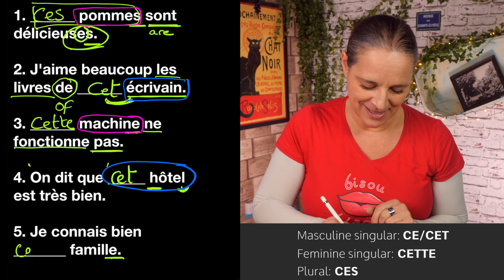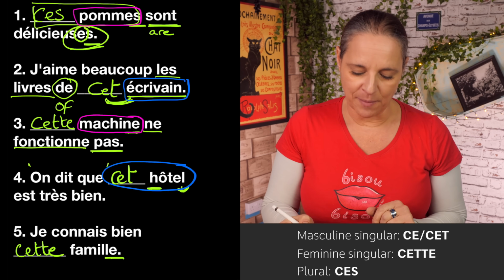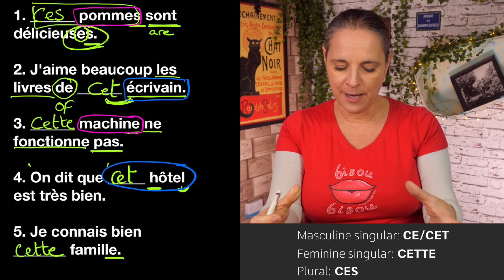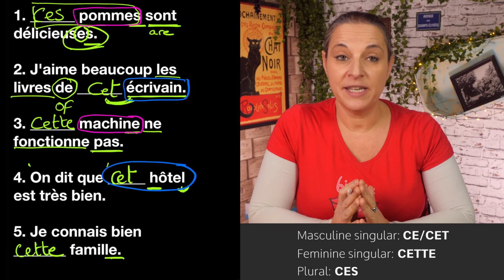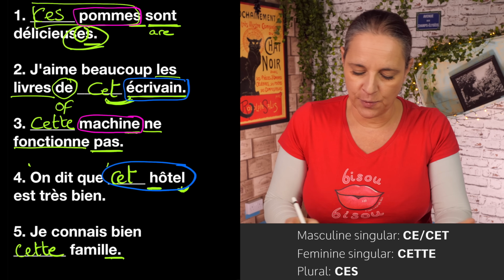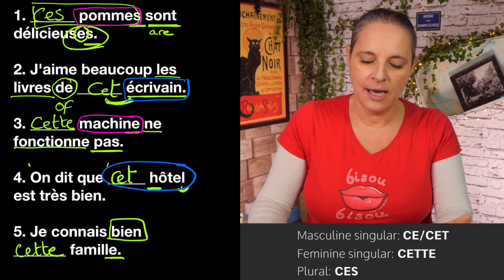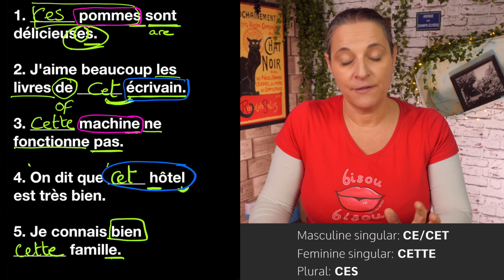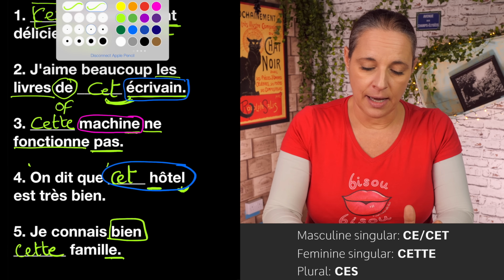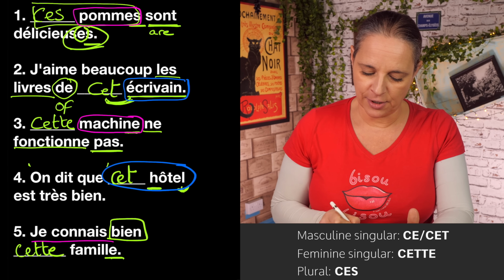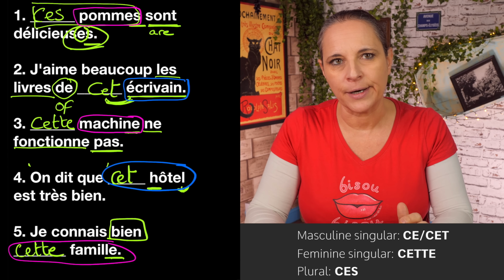Well done, cette. So cette famille is this family. Je connais bien cette famille. I know this family well. And that's where the well comes from. Can you see that? Je connais bien cette famille. So I'm going to add a pink sticker here.